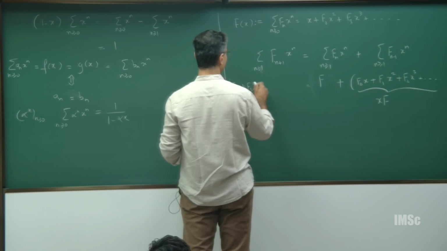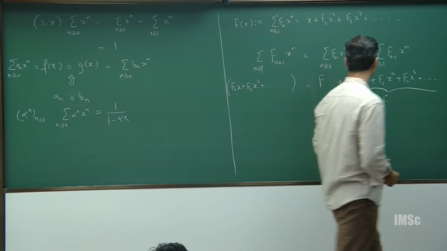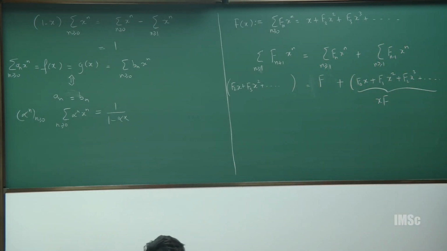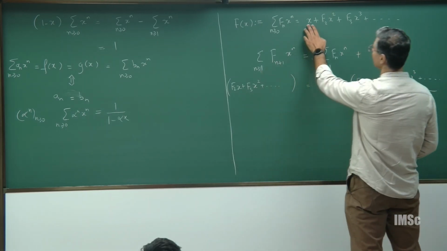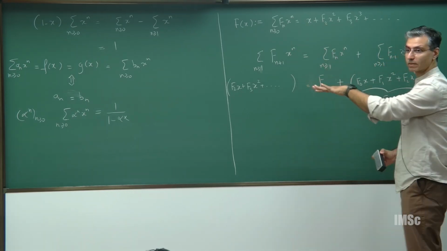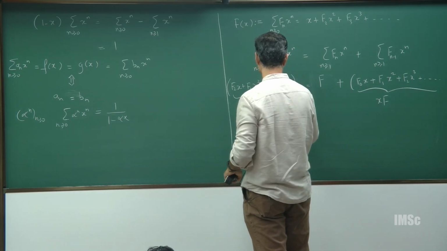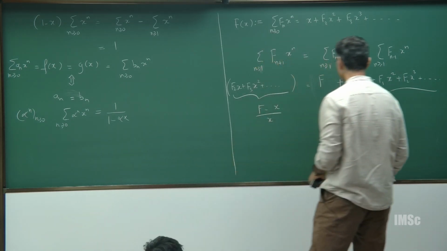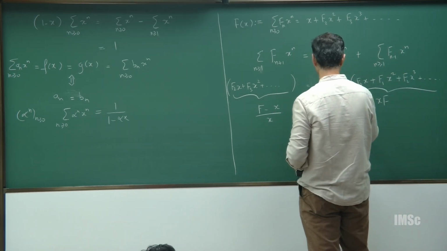So, this is lagging behind the index, right. So, what is this sequence? f starting f2, right. So, you have to remove this. So, f minus x divided by x, right. So, okay, so we have that this quantity is equal to f plus x times f.